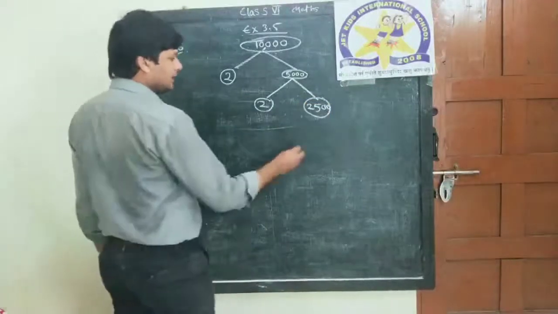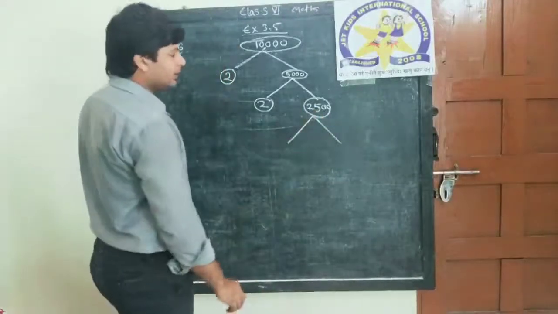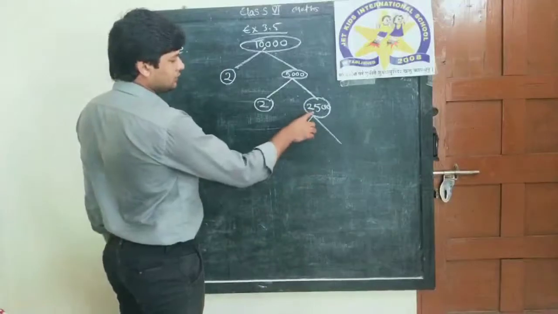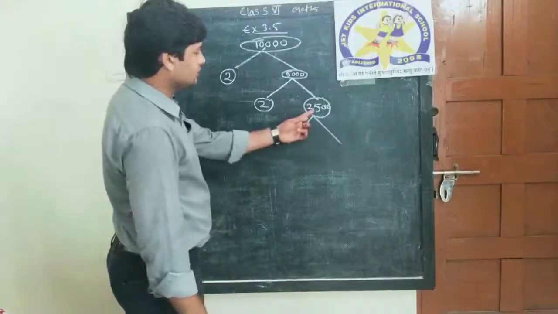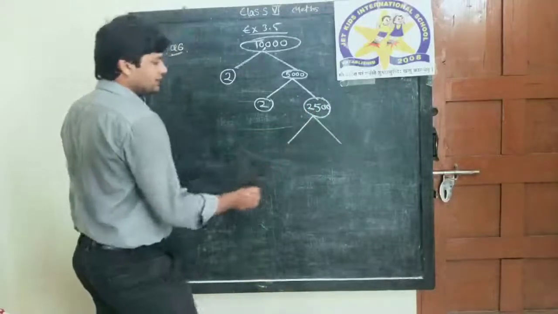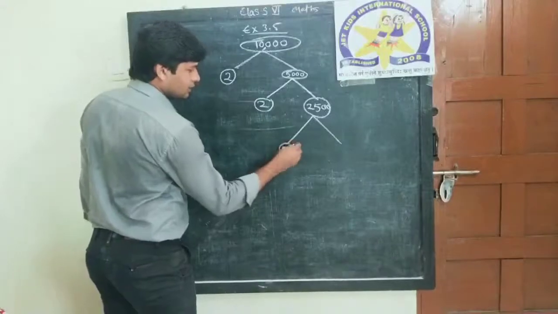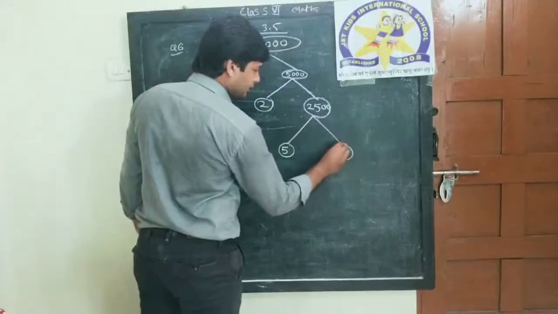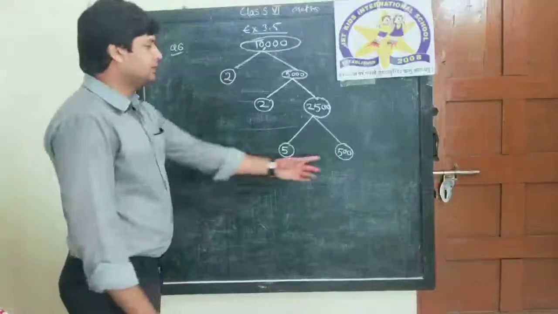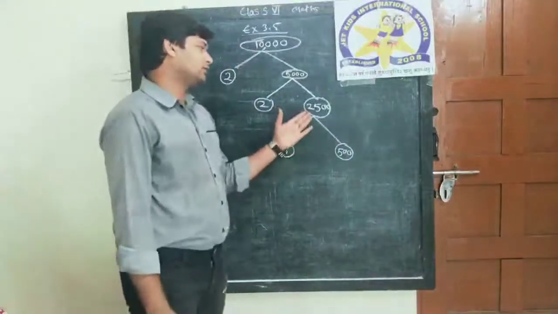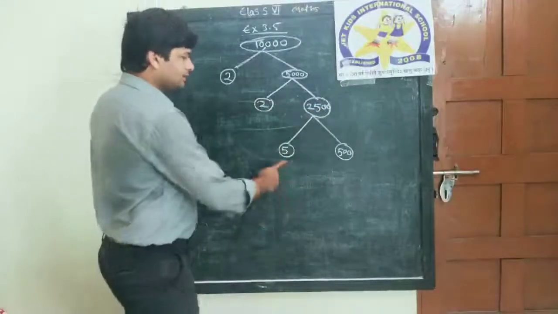Then again it is divisible by 2, but I am taking 5 multiplied by 500 so it will be easy for us now. If I am taking 2, I have to take 1250, so I am taking 5 instead, which gives a direct answer.